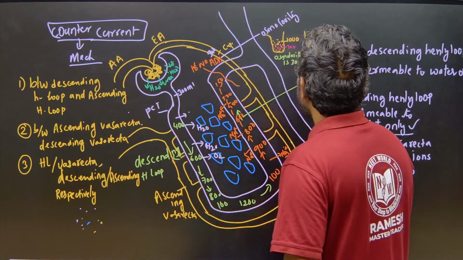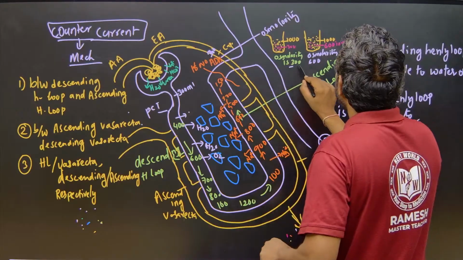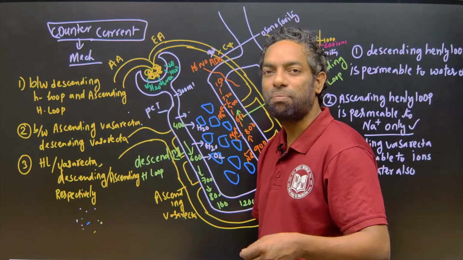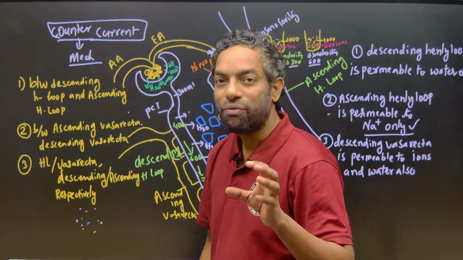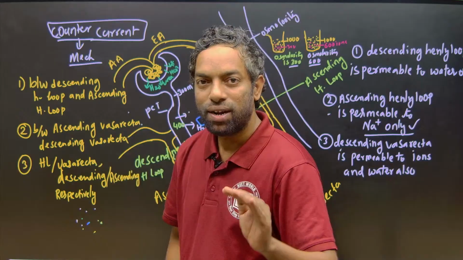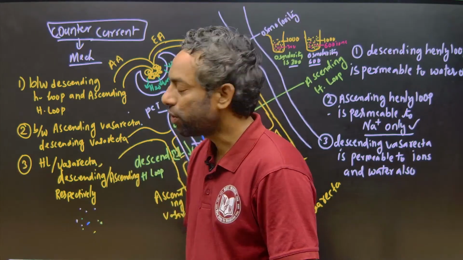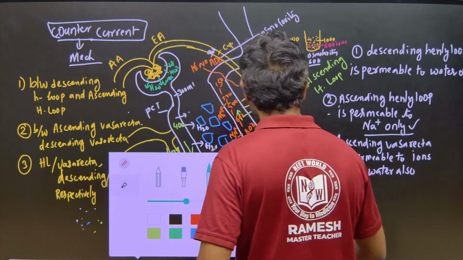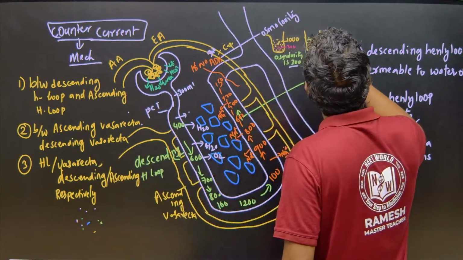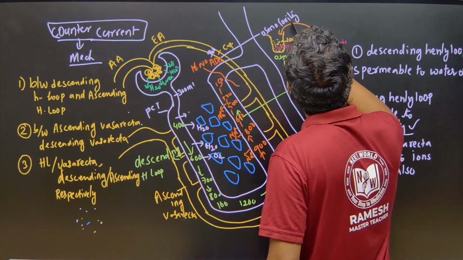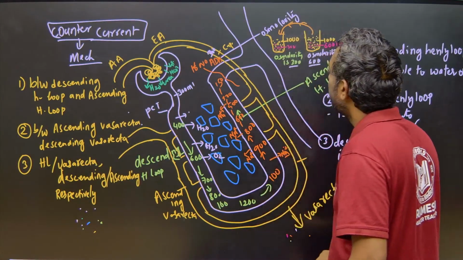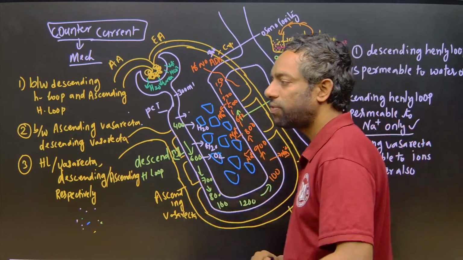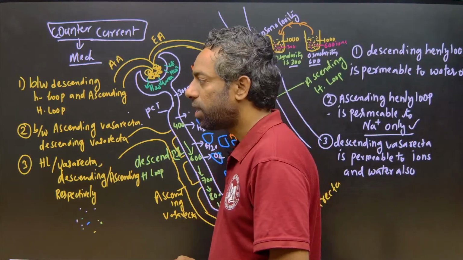Ions can transfer from high concentration to low concentration. So ions can exchange from here to here, from 600 to 300, and they transfer up to equilibrium.